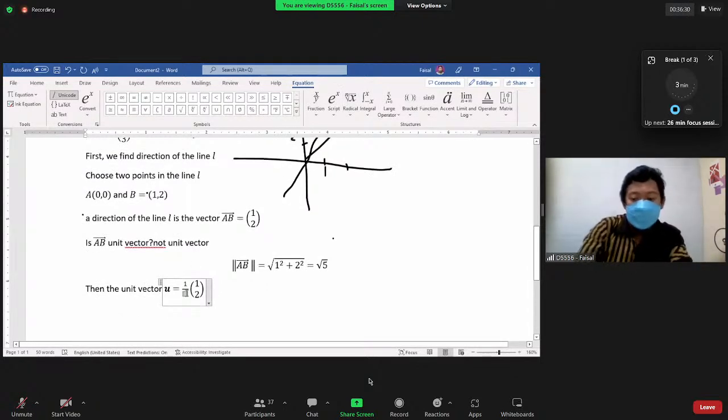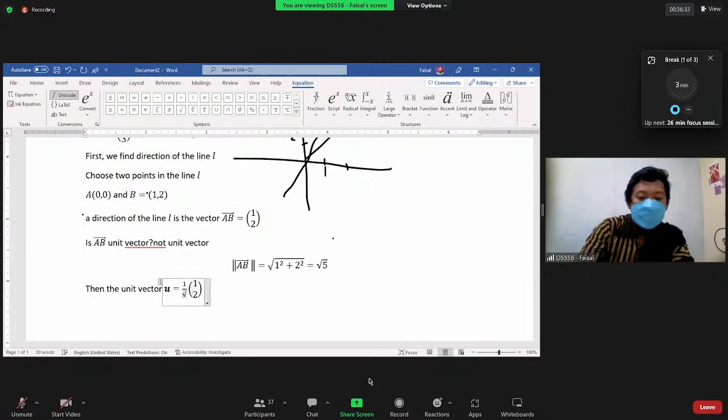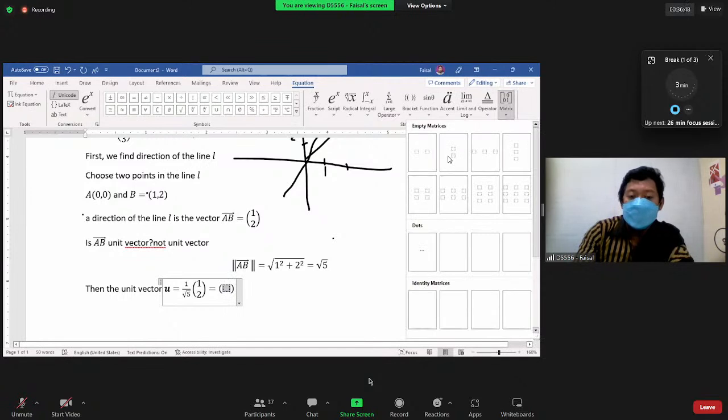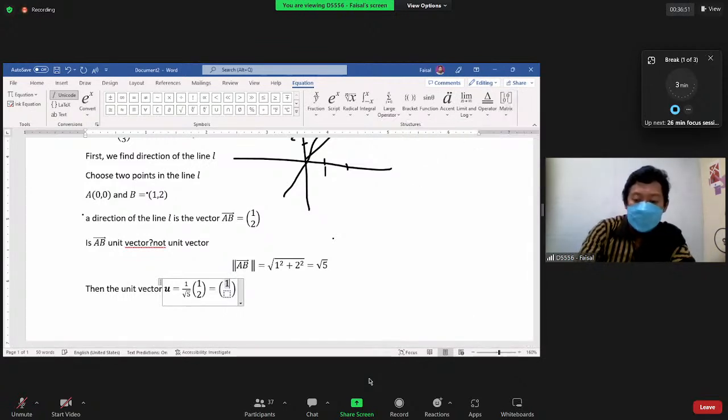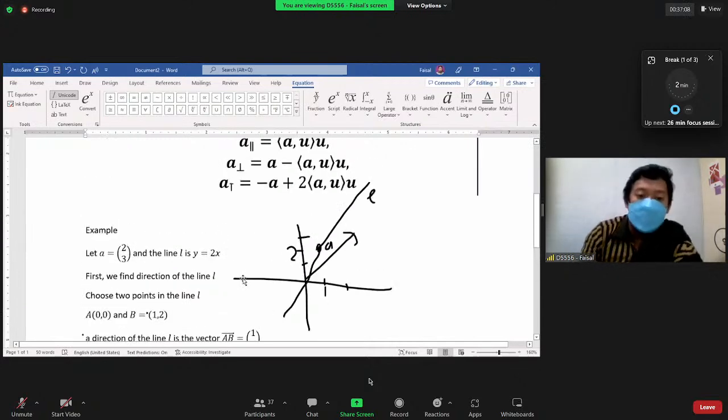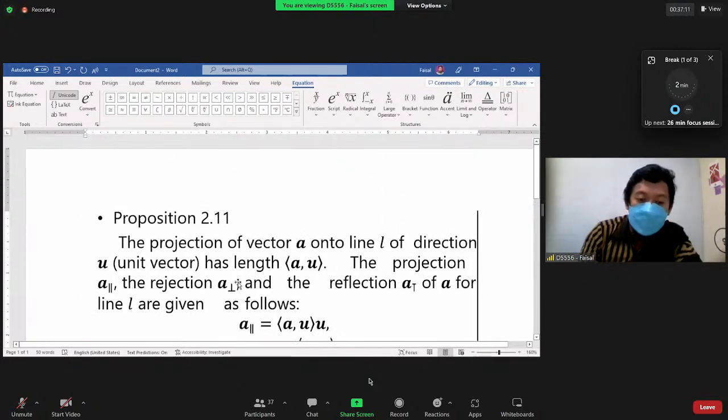So this is (1/√5, 2/√5). This is U, the unit vector. The direction U is the unit vector.